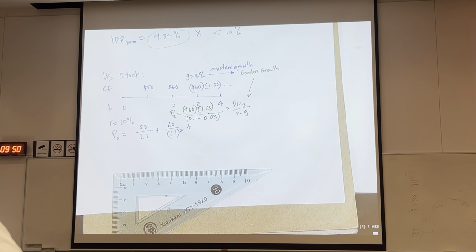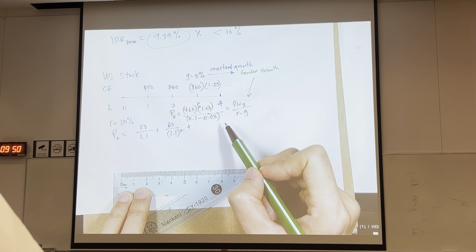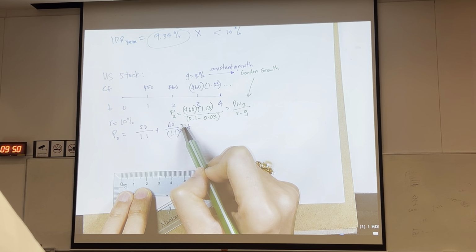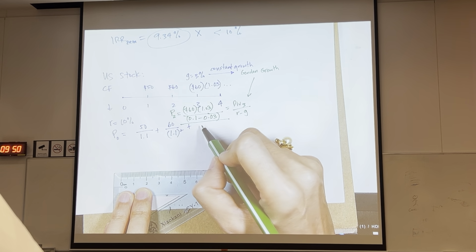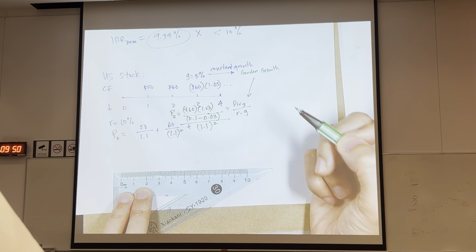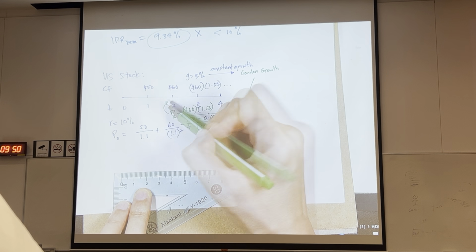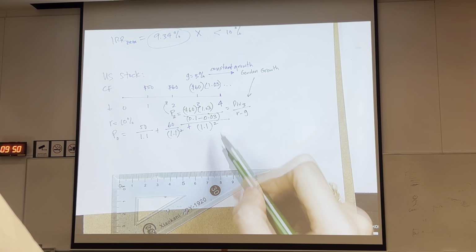Now, take note, that is for time period 2. So you have to divide this whole thing by (1 plus R) squared, which is 1.1 squared, because this is a cash flow for time period 2. So you have to discount it for that time period.